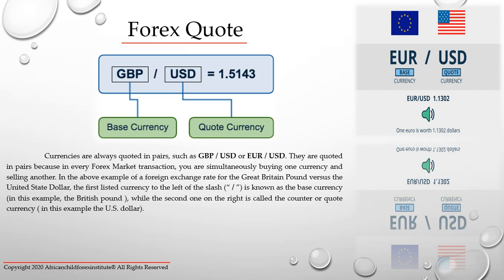These are the base and quote currencies. On the euro and dollar pair, the euro is the base currency and the USD is the quote currency. The currency to the left of the slash is the base currency, and the one to the right of the slash is the quote currency.